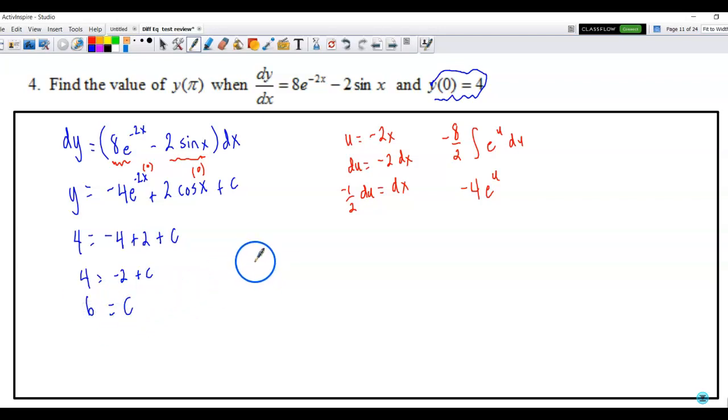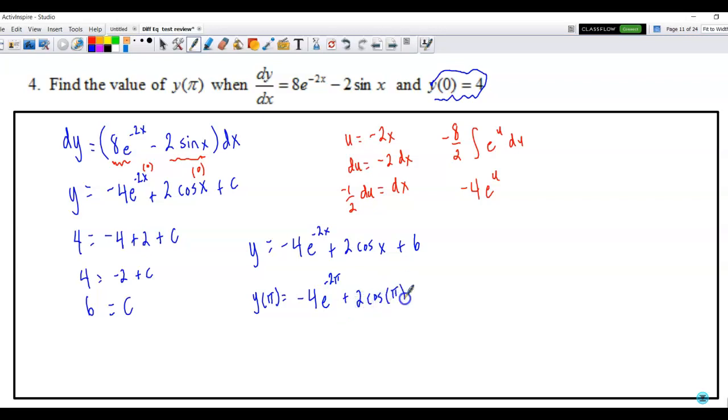So our final function is, now we're still not done, we have one more thing to do. y equals negative 4 e to the negative 2x plus 2 cosine of x plus 6. Now we're going to evaluate that at pi. So y of pi is equal to negative 4e to the negative 2 pi plus 2 cosine of pi plus 6.